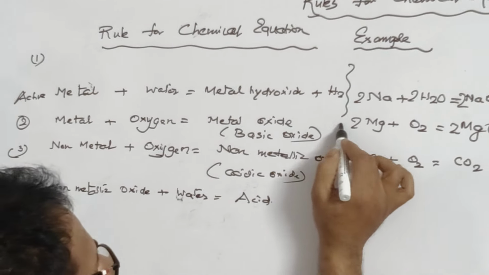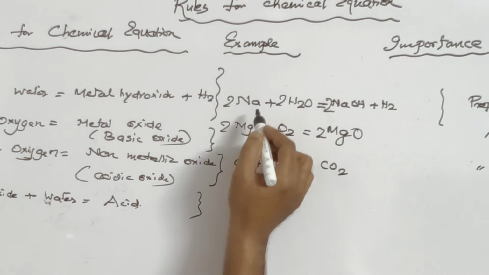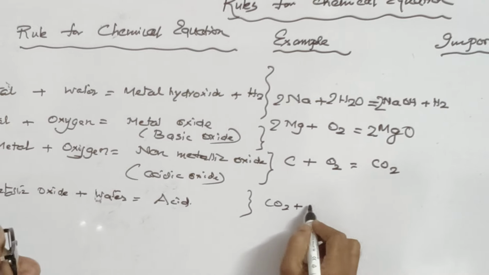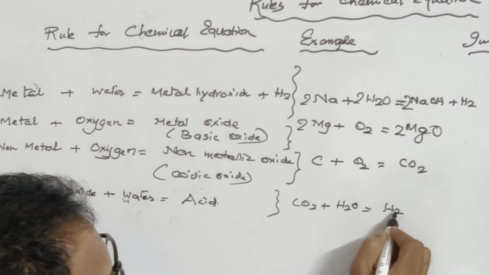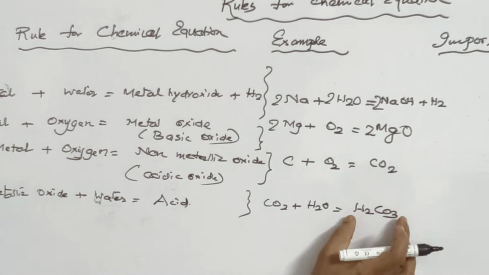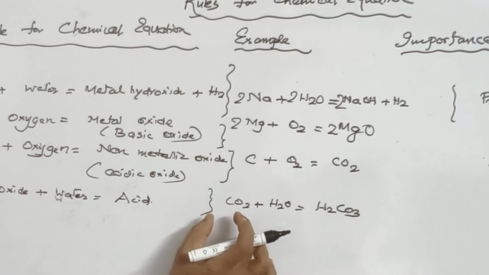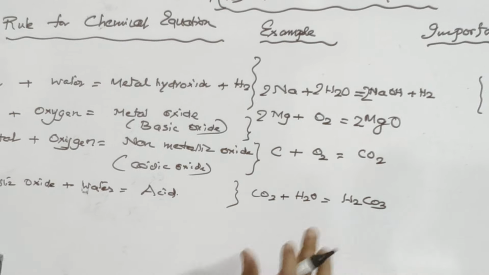Now let us give an example over here. Take the example of CO2 dissolving in water, it forms carbonic acid, okay. Now you know that this is an acid and this is an acidic oxide. So acidic oxides are those which dissolve in water to form the corresponding acids.